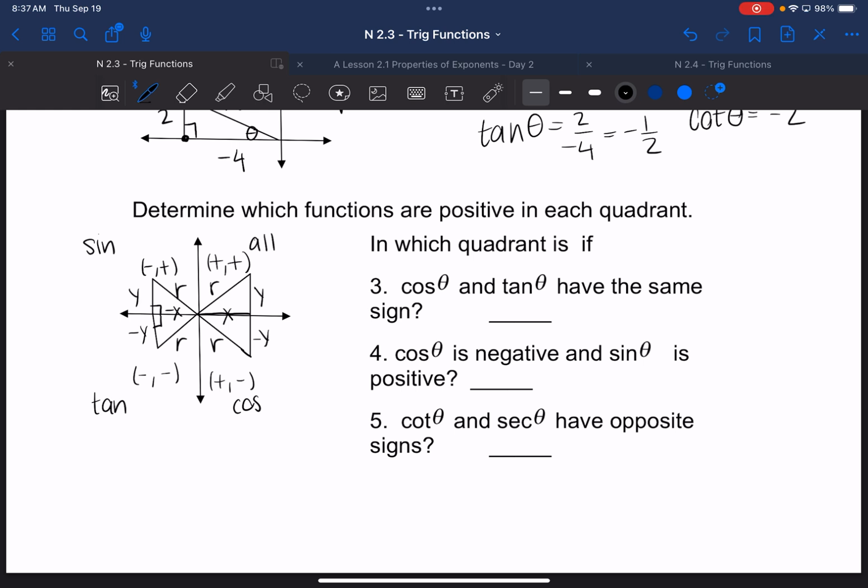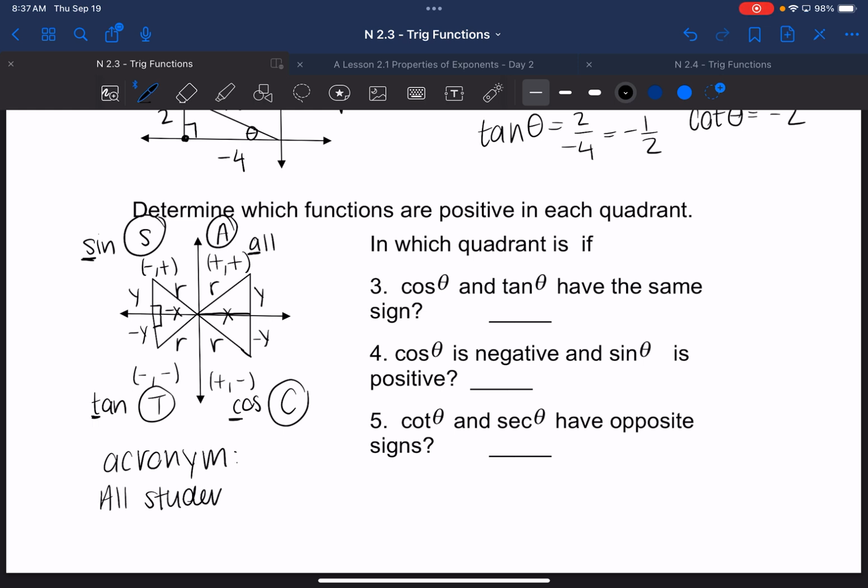Okay, so we do have an acronym to help us remember which ones are positive in which quadrants. We are going to go counterclockwise just like our quadrants do. You know, they go counterclockwise for 1, 2, 3, 4. Okay, our acronym starts with an A, then an S, then a T, and then C. So our acronym is going to be all students take classes.